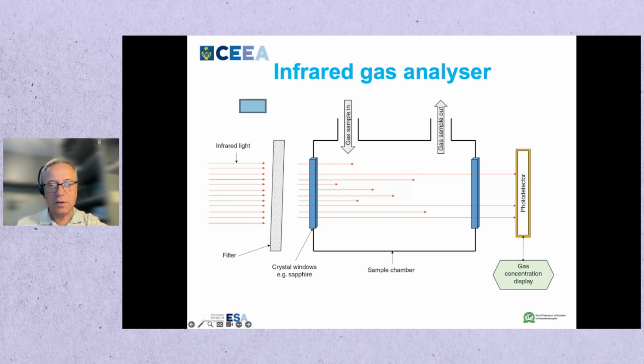The higher the concentration of gas within the sample chamber, the more infrared radiation will be absorbed. The radiation passes through another crystal window on the other side and falls onto the photo detector. The detector output is processed electronically to give a reading of gas concentration.